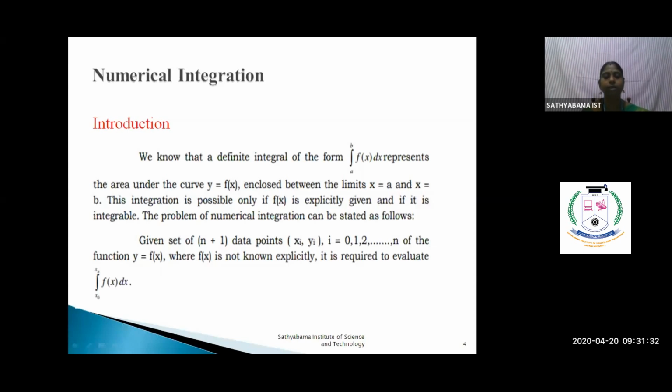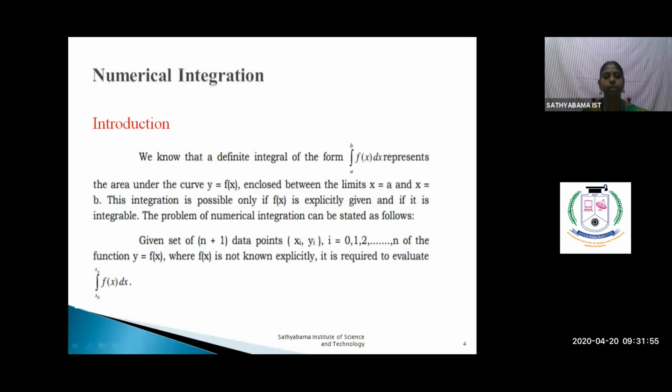And in numerical methods, we can find the definite integral a to b f of x dx when it is given in n plus 1 pair data. How is it given? xi, yi, where i is 0, 1, 2, 3, etc., n. And note down that f of x is not known explicitly. In such a case only we use numerical integration.